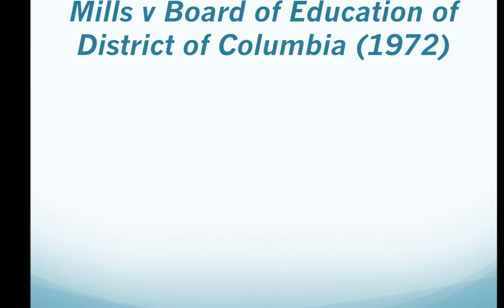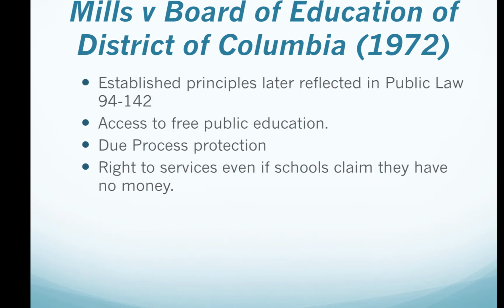Well, when it went to court, it said you cannot use money as a way to keep students with disabilities out of school. So that was the big part. It established some principles later reflected in the Education for All Handicapped Children Act: access to free public education, due process protection, and rights to services, even if schools claim they don't have the money. Schools have to fund it.